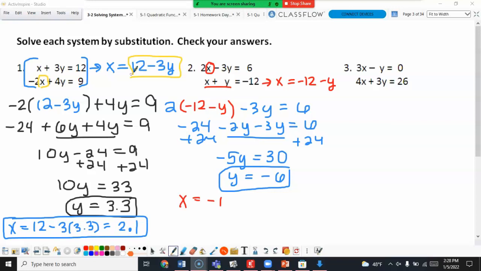So it's negative 12 minus a negative 6, or x equals negative 6, because minus a negative turns to a positive. So what that means is the solution is x equals negative 6, y equals negative 6. These would be intersecting lines.